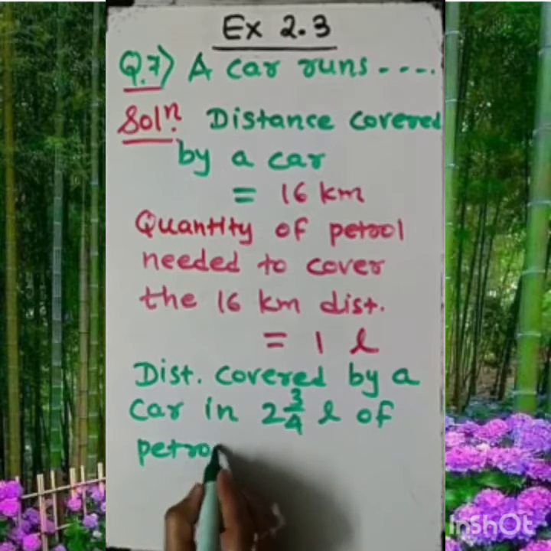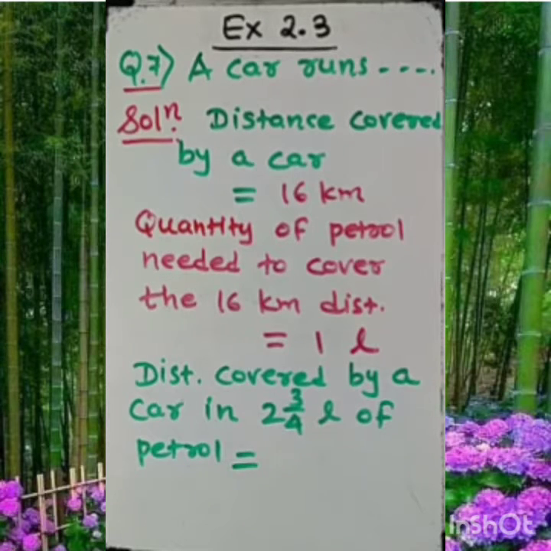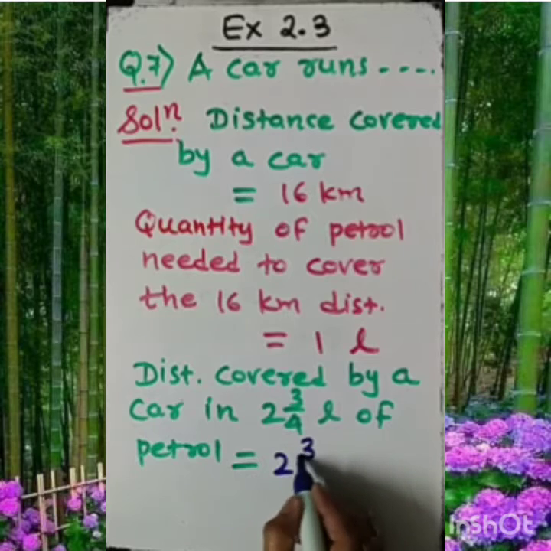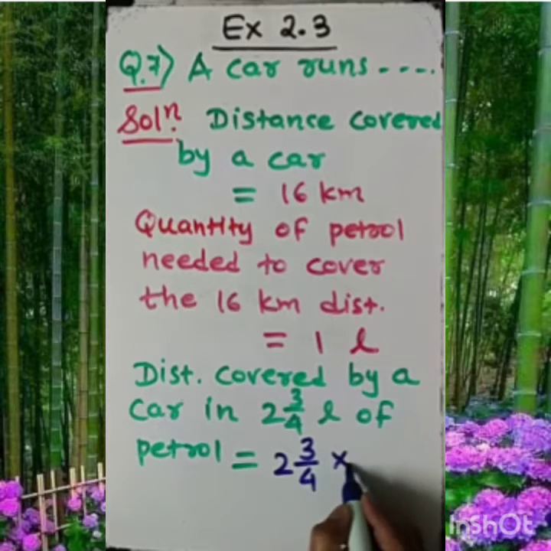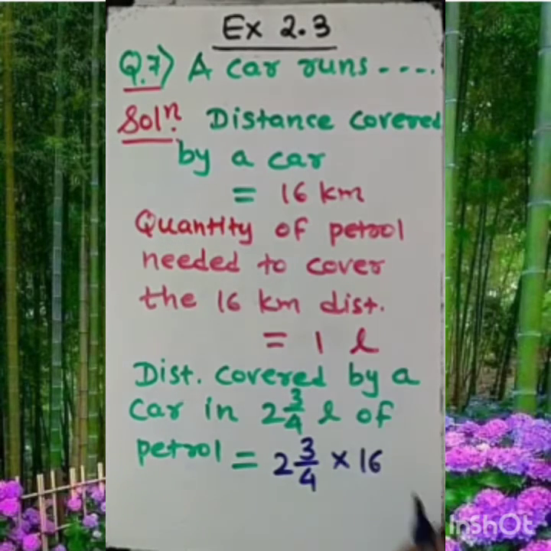So how to go with that? Very easy, very simple. 2 3/4 indicates that we multiply 2 3/4 by 16. What is the reason? Because the distance in 1 liter is 16 kilometers. So we need to find the distance covered in 2 3/4 liters.